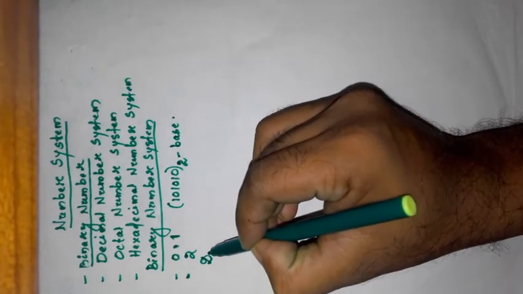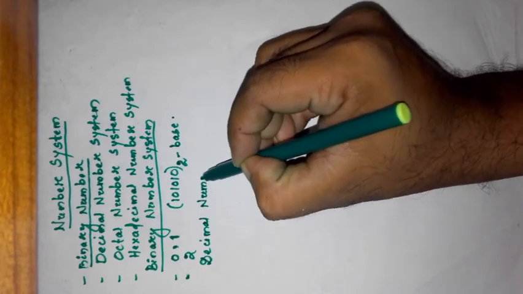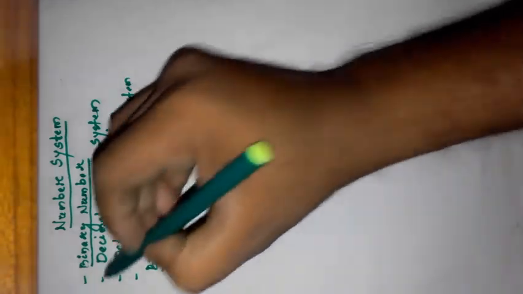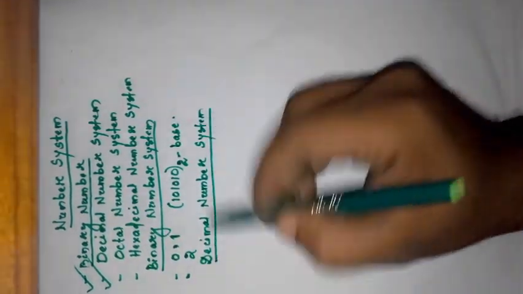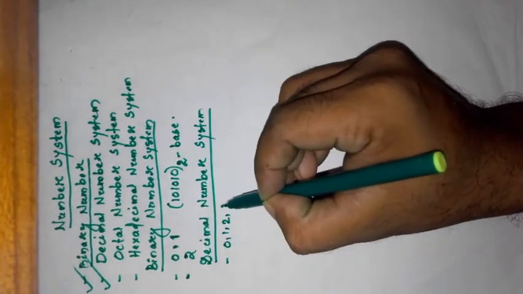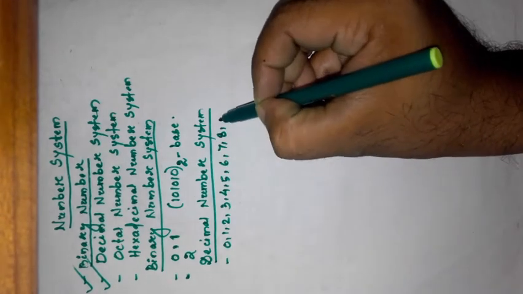Next, decimal number system. The decimal number system consists of the numbers 0, 1, 2, 3, 4, 5, 6, 7, 8, 9.